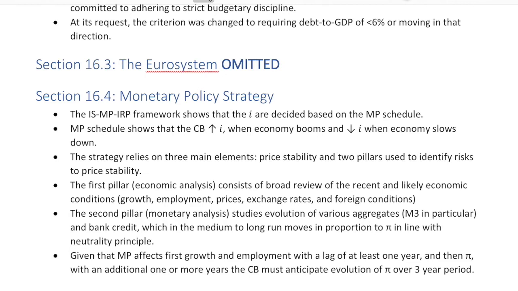So this strategy relies on three main elements: price stability and two pillars used to identify risks to price stability, right? The first pillar is the economic analysis. This consists of a broad review of current and future likely economic conditions. So they look at growth, employment, prices, exchange rates, and trade conditions, specifically with foreign countries and large trading partners.